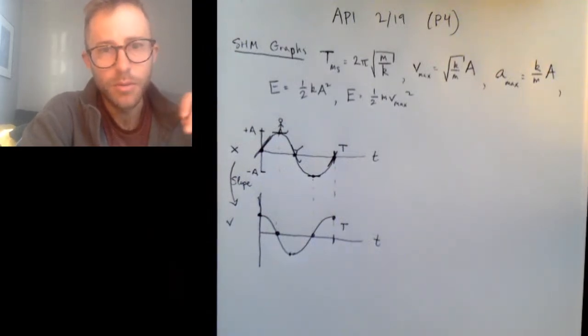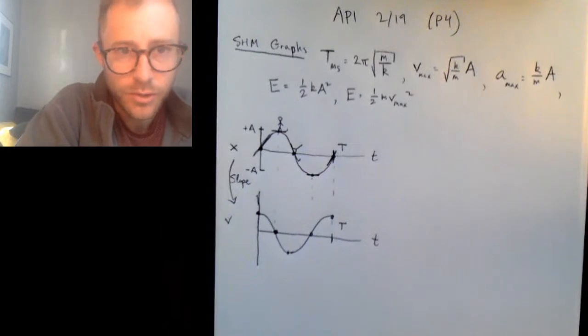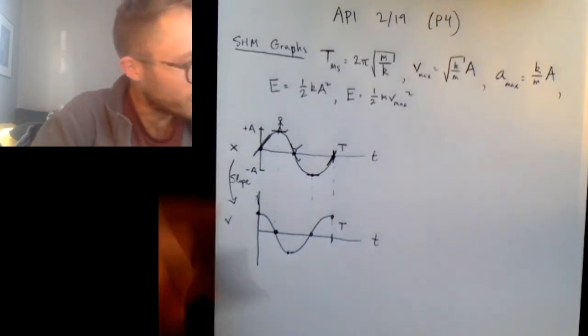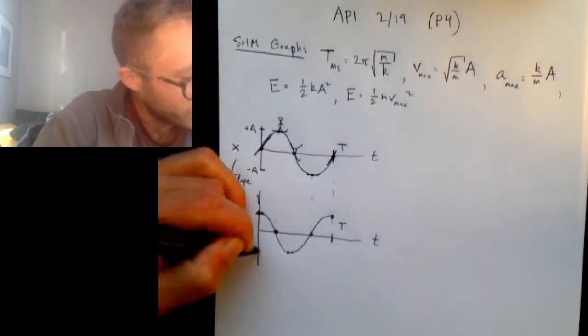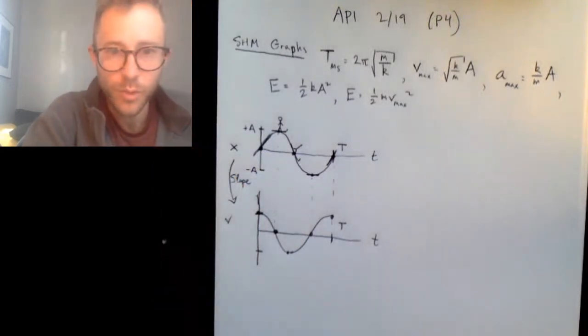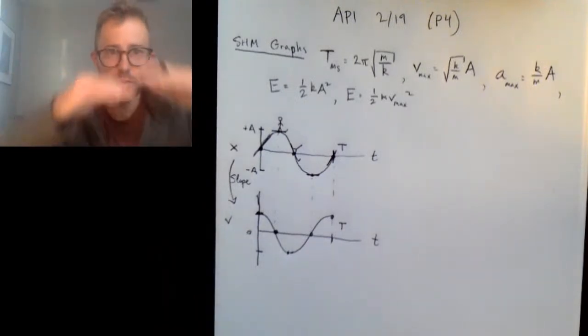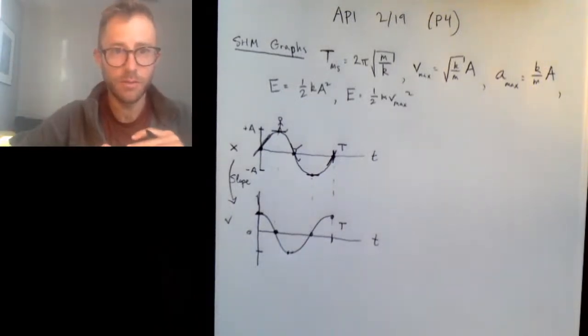But it's not enough to simply know the shape. We also have to know what values the velocity graph wiggles between, because all the trig functions wiggle between a maximum value and a minimum value.